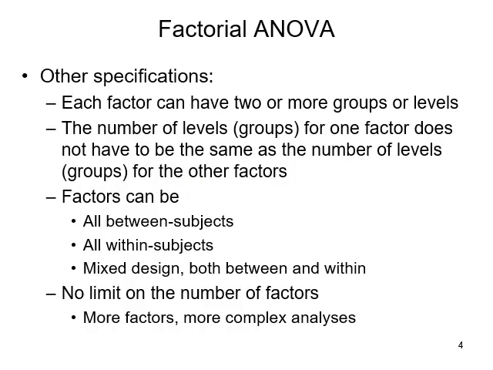So some other things to keep track with factorial ANOVA. Each factor can have 2 or more groups, so again, we can get as complex as we want with this. The number of levels or groups for one factor does not have to be the same as the number of levels of another factor, so we could have a 2 by 2, a 3 by 3, a 4 by 4, but we could also have a 2 by 4 or a 2 by 6. Factors can be all between subjects, all within subjects, or a mixed design.